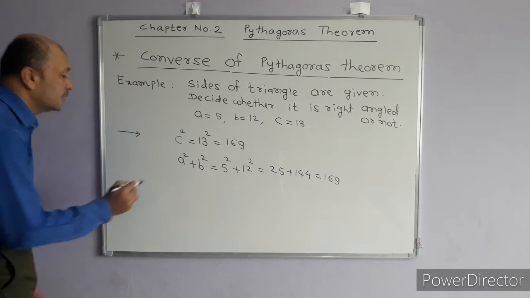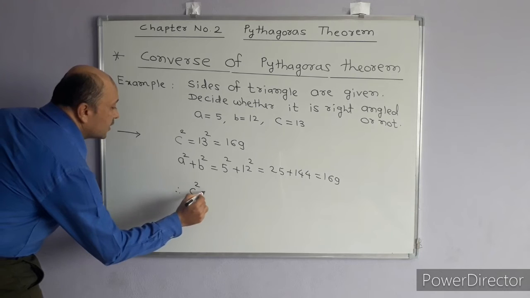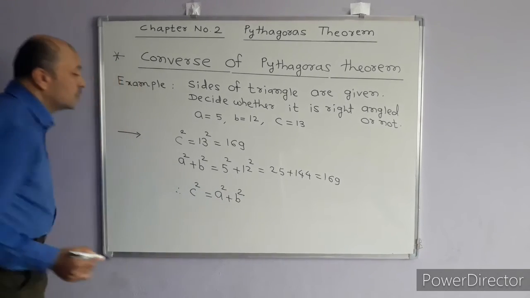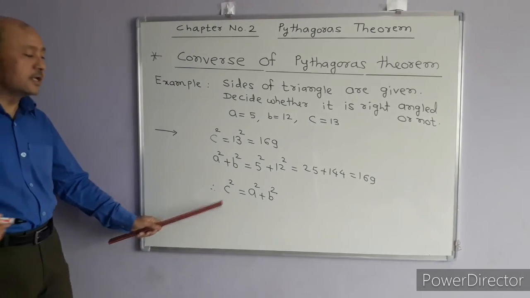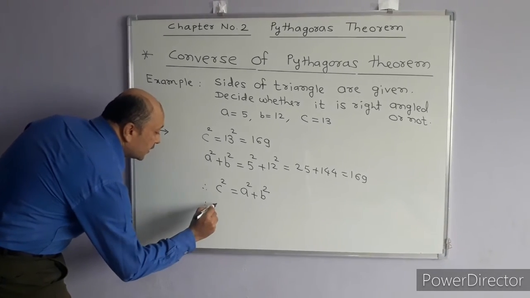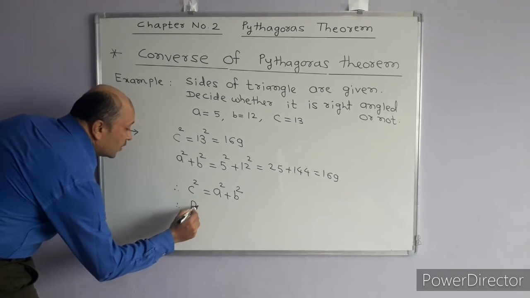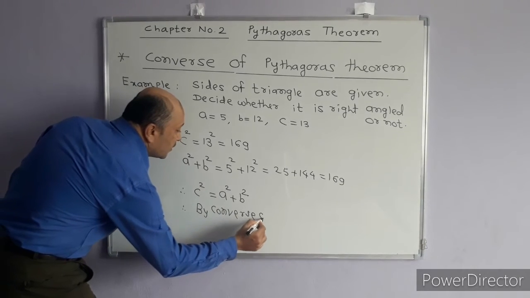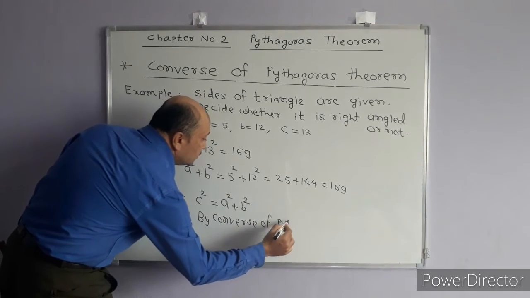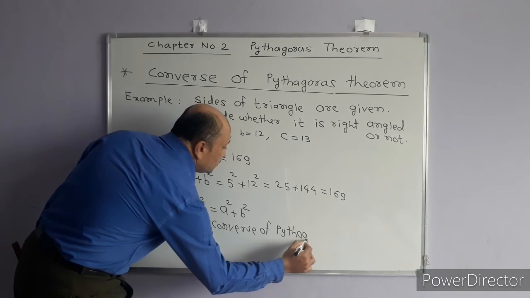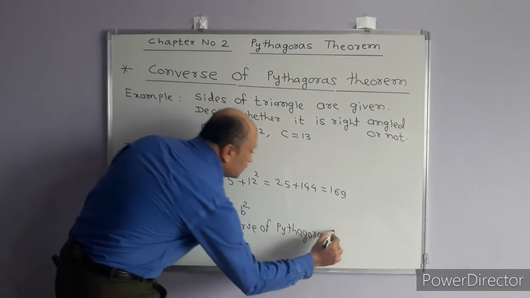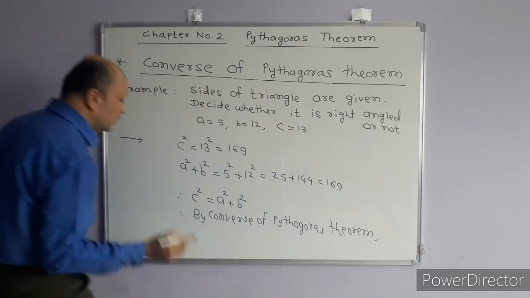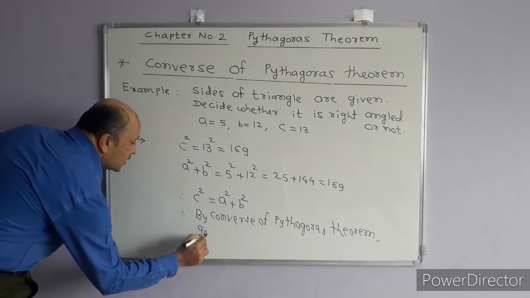Then what can we write here? Therefore we can write C square is equal to A square plus B square. This is nothing but the statement of Pythagoras. Therefore, what answer will we write? By converse of Pythagoras theorem, the given triangle is a right angle triangle.